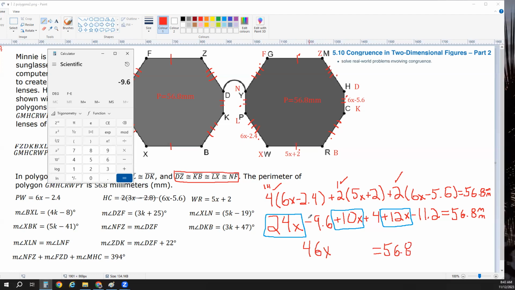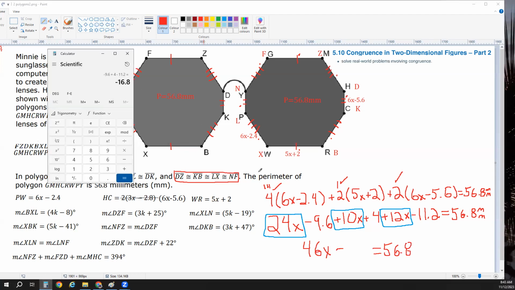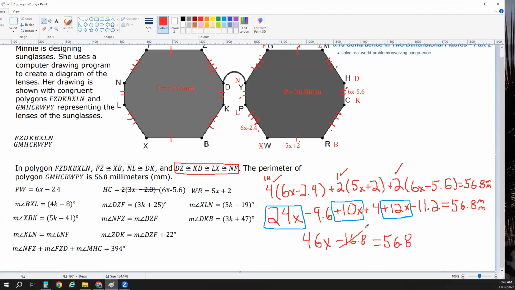So I started with negative 9.6 plus 4, minus 11.2 minus 11.2 equals negative 16.8. Let's add that to both sides to get rid of it.